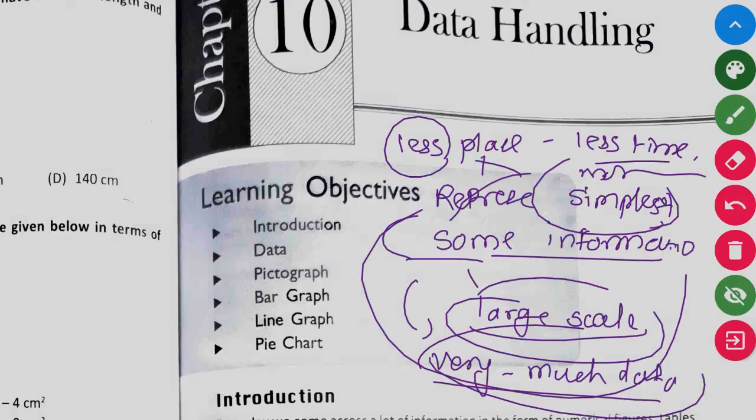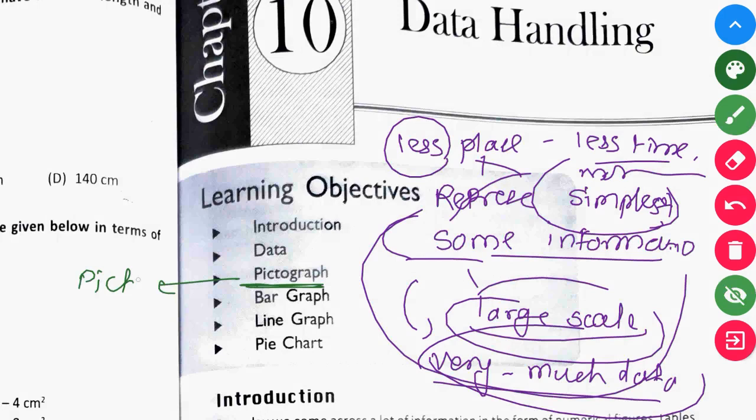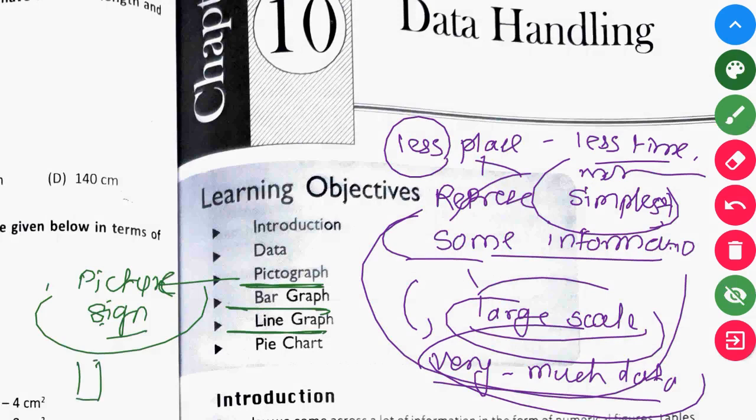So what are those types? We can represent that data by pictograph, meaning using some picture as a sign to represent the data. We can use bar graph or line graph. In the bar graph, this kind of bars are used to show the information.